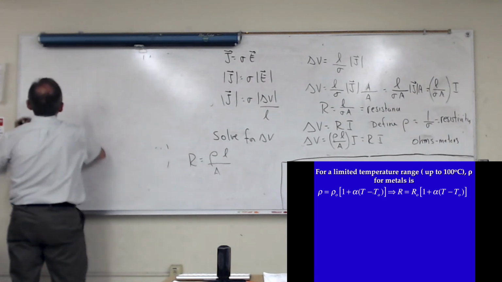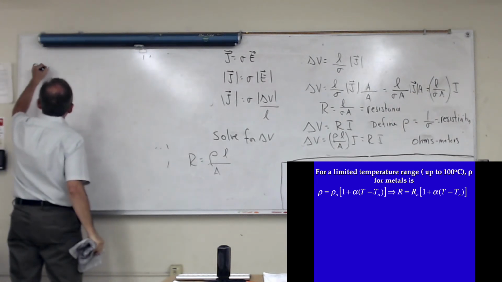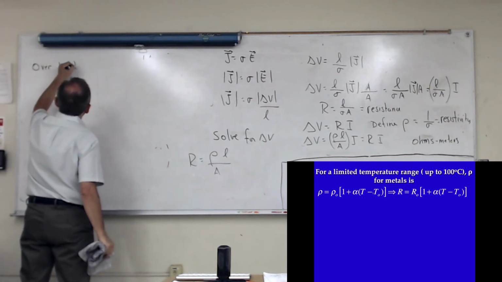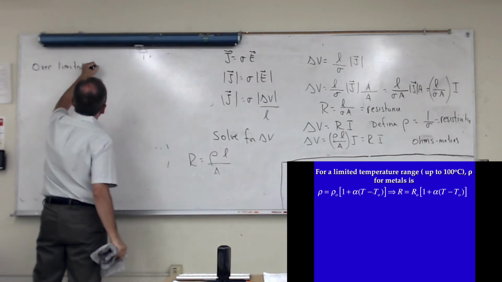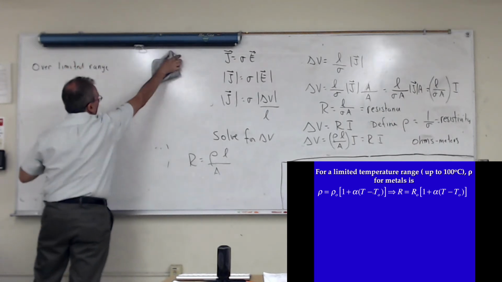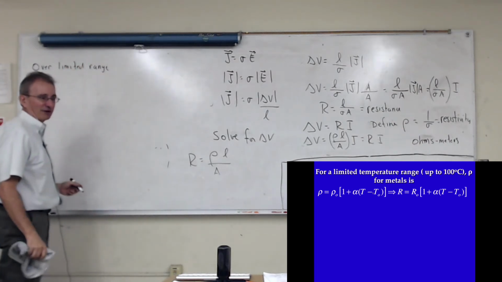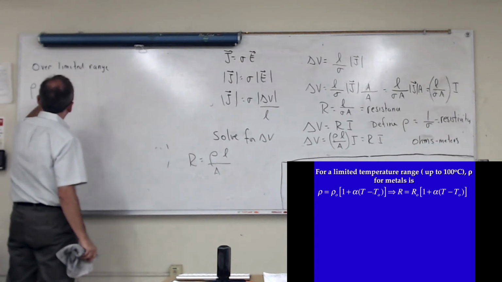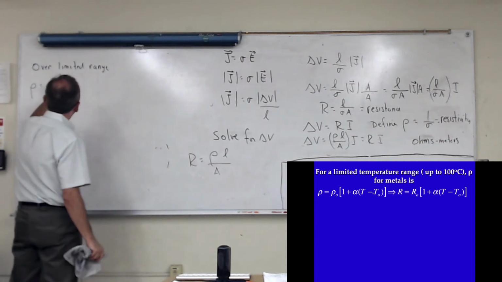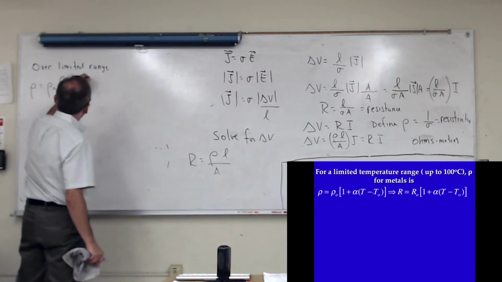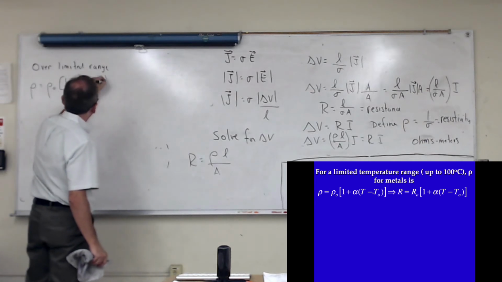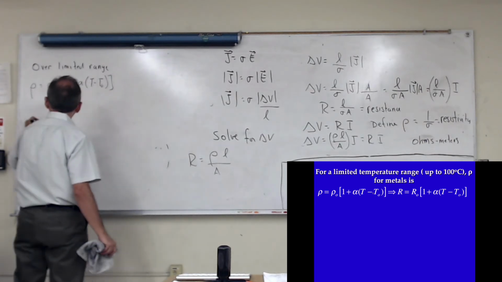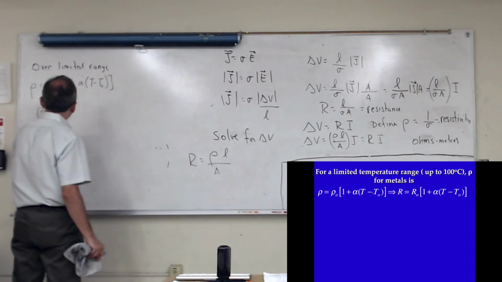So over a limited temperature range, and we know this from experiment, I'm not going to derive anything here. Rho is equal to rho naught times 1 plus alpha times T minus T naught. Here rho naught is the resistivity.